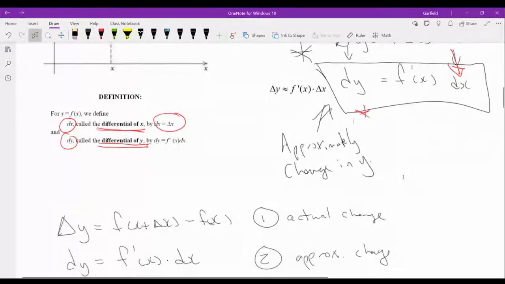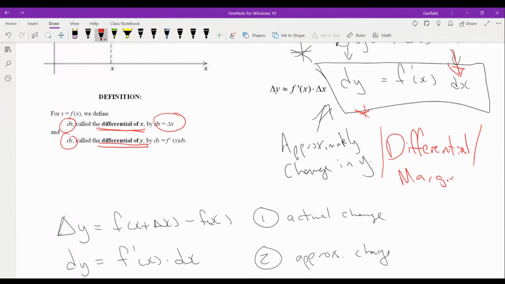So this approximate change in y is actually called a differential. And it's also called the marginal. And we normally use the marginal for our business applications, which we'll see.